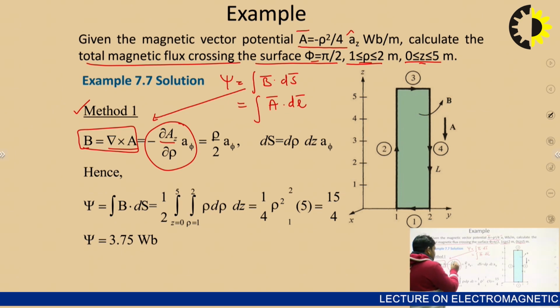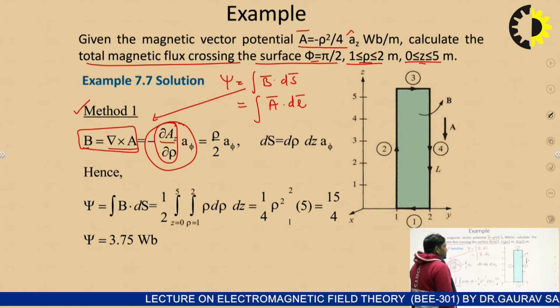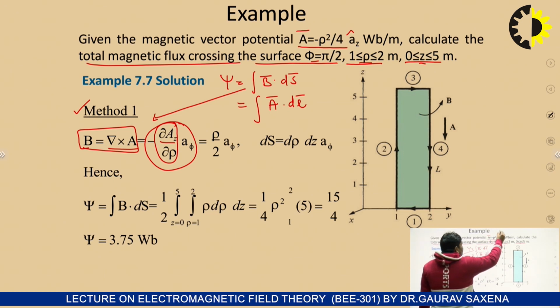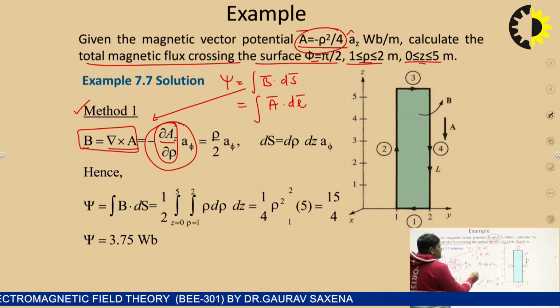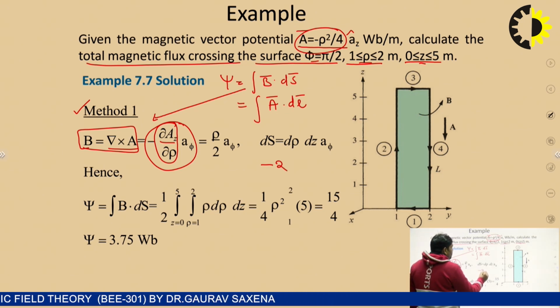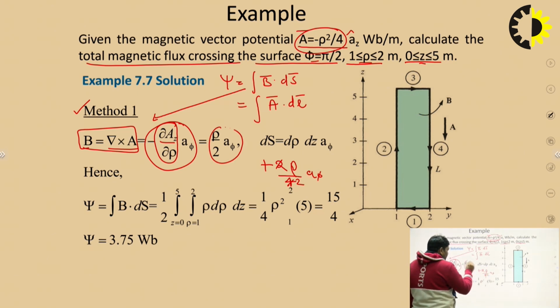So we partially differentiate this magnetic vector potential with respect to rho. The derivative is minus 2 rho by 4, that means minus rho by 2, and multiplying with minus 1, the value is rho by 2 in the direction of a phi.